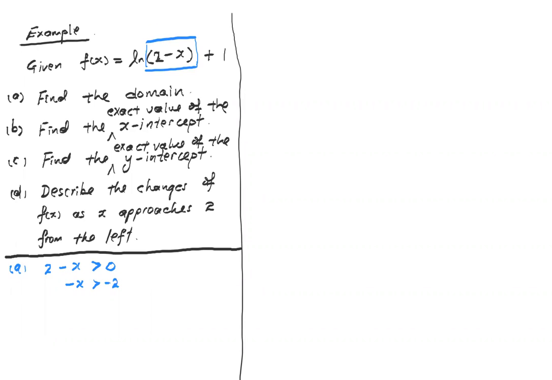So therefore, when you have a negative, you divide by negative, you have to change the sign. Am I right? So therefore, we say the domain is equal to x, x must be a member of real number, and x must be less than 2.